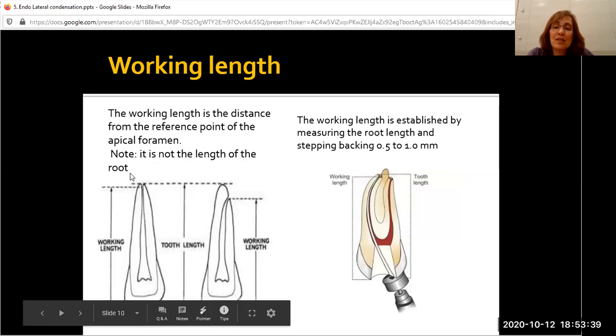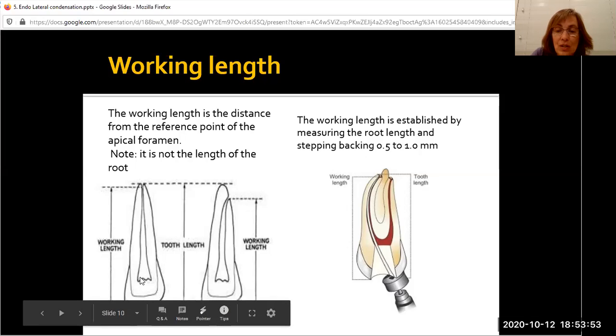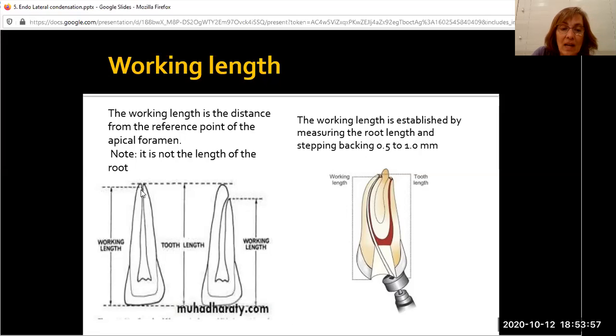Okay. The difference between the length of the tooth and working length. The working length is approximately 0.5 to 1 millimeter short of the entire length of the root. The reason for that is what I just described, the constriction. We do not want to have the material go beyond that point.